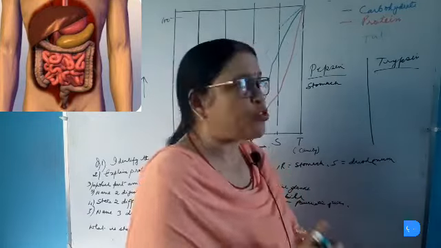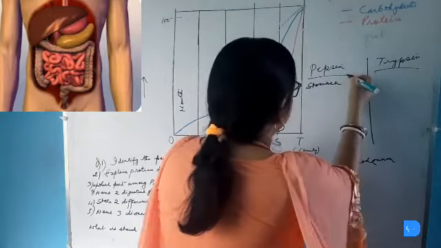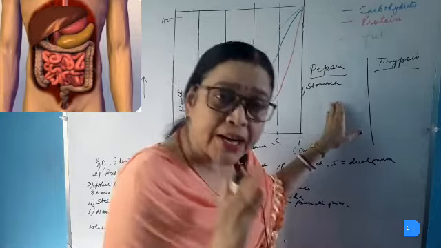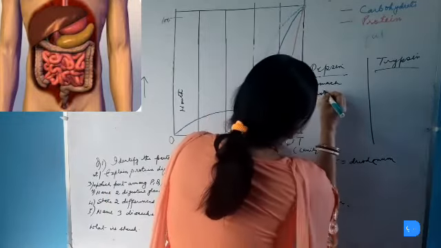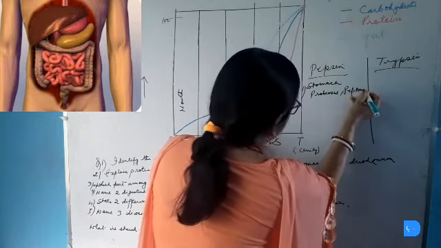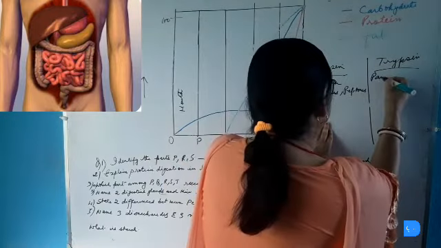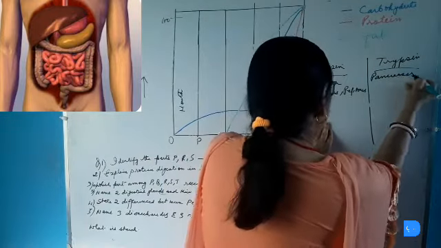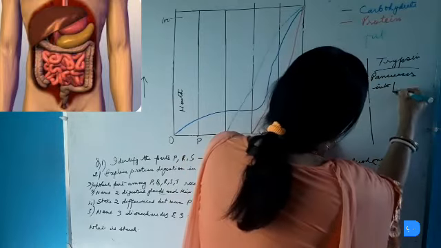The complicated proteins are digested into simpler forms by these enzymes. Pepsin converts complicated proteins into proteoses and peptones. Trypsin converts these proteoses and peptones into polypeptides.